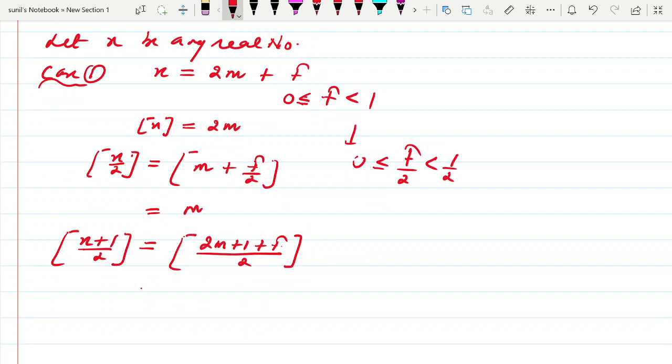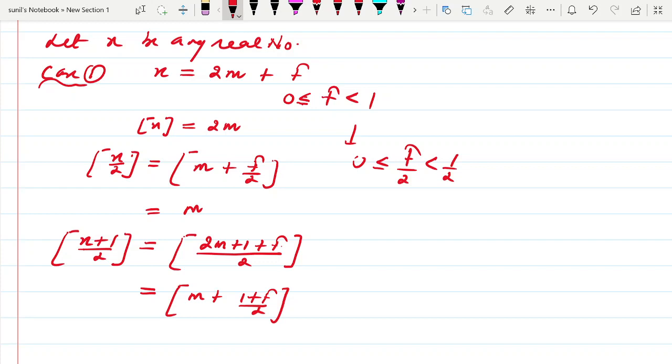Now guys, can we write this as bracket of m plus 1 plus f by 2? Let us understand it.